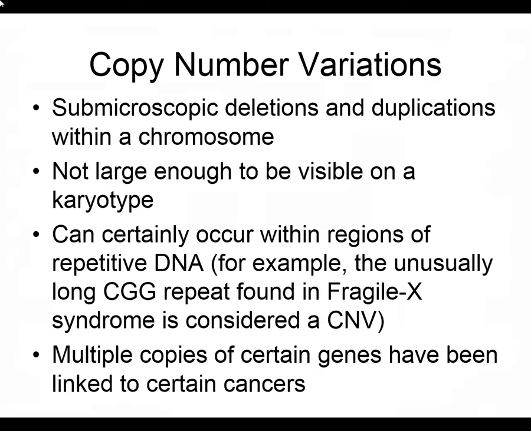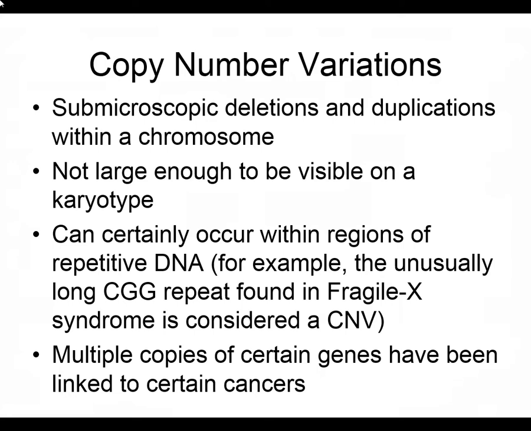What's different about this is, like with some of the deletions and duplications we mentioned before, you would be able to see some of those. They'd be really large and you would see them on a karyotype. You could tell that a chromosome's shorter or longer. But what if the deletions or duplications exist but they're really small? So we call them submicroscopic deletions and duplications.